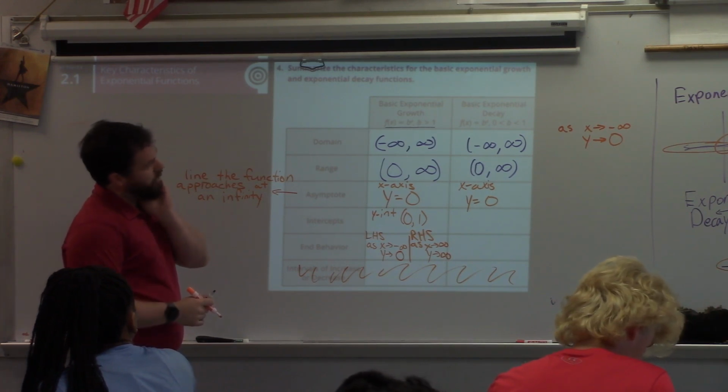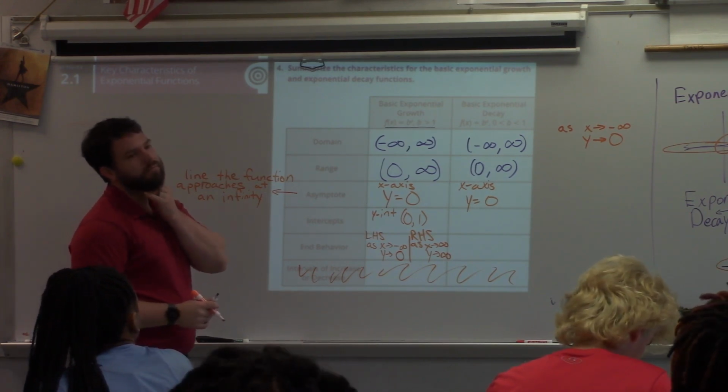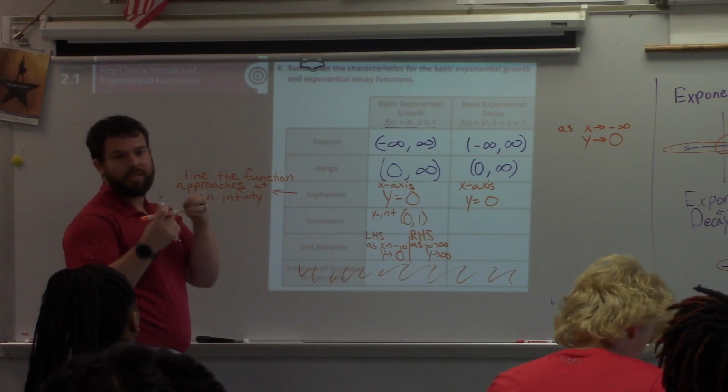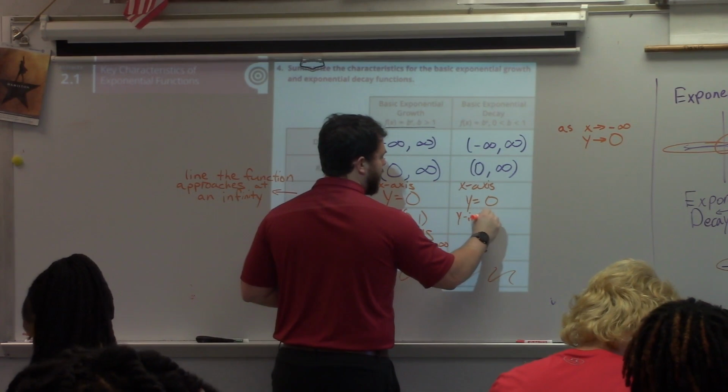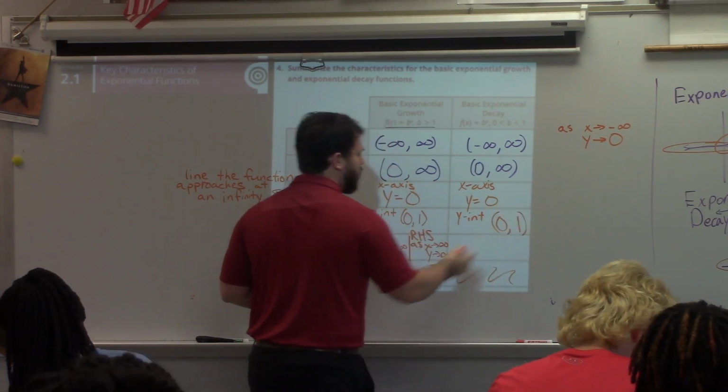Do we have any y-intercepts or x-intercepts? No x-intercepts. It never hits the x-axis. But we still have a y-intercept of 0, 1. Anything to the 0 power is 1.